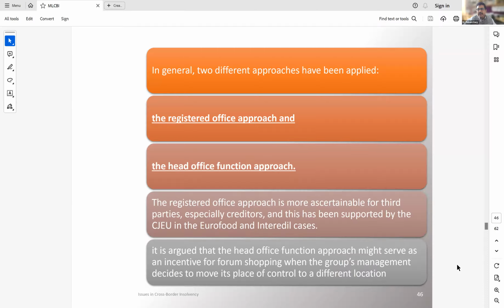So that indicates the intention of the creditors. So if all of that points to the registered office having been considered to be the place of COMI by the creditors, then the court usually will not intervene and will not rebut that presumption and the choice expressed by the third parties.